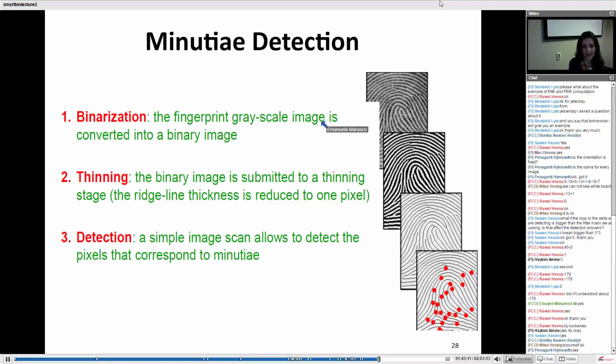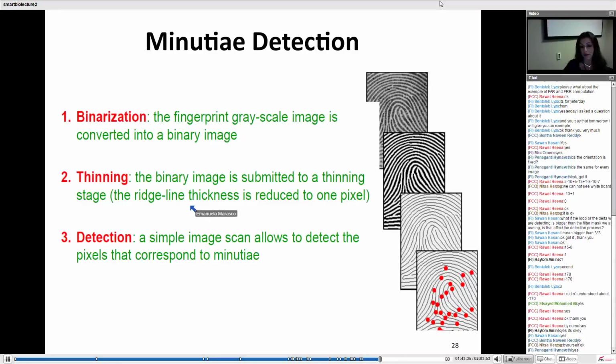So we do a binarization in order to convert a grayscale image into a binary image. From 256 values, we only have 2 values, because the goal is to extract the minutiae and make each ridge 1 pixel wide. For that, we binarize the image.